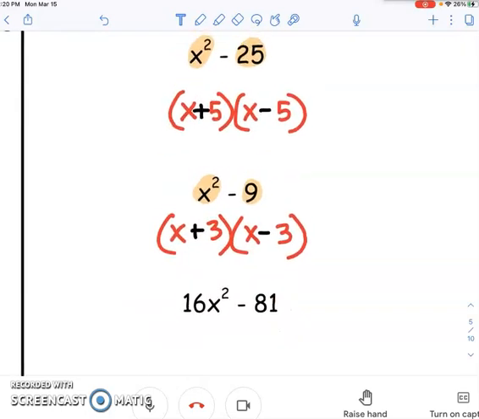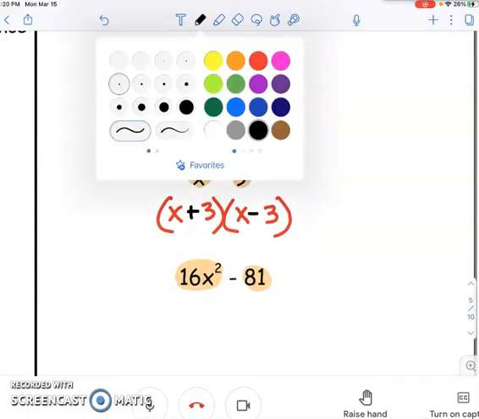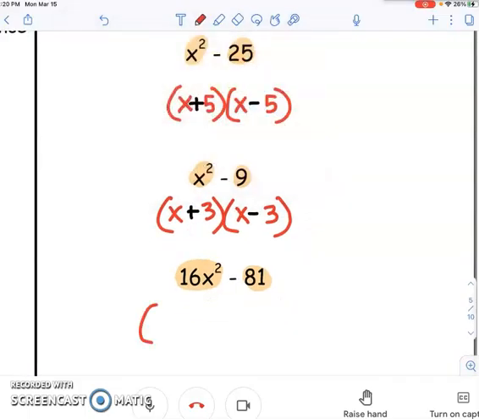Third one, maybe a little bit trickier. First perfect square is 16x squared. Second one is 81. So this one might require a little bit more thinking. What multiplies times itself to give us 16x squared? 4x times 4x. Remember, perfect squares, they have to be the same number.